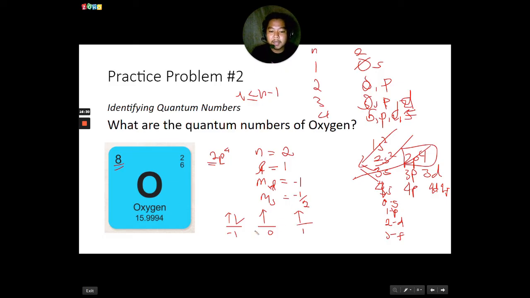And sir, what if it's positive 1/2? Then it's minus 3 electrons, so that would be 5: hydrogen, helium, lithium, beryllium, boron. That becomes boron. That's why, as I've said, each element has its own unique set of quantum numbers.